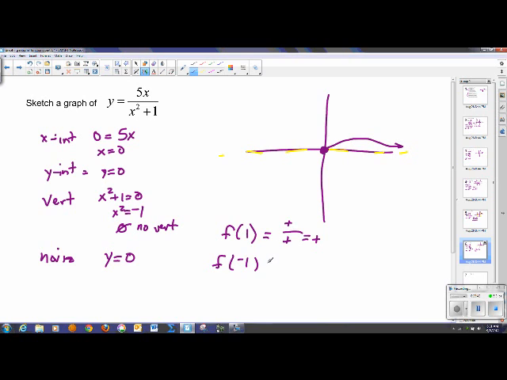When I plug a negative in, numerator is negative, denominator is still positive. This gets me a negative value. So I drop below the axis, but again, as I go to negative infinity, I have to approach the horizontal asymptote. So my graph looks something like this. It's kind of a unique graph.